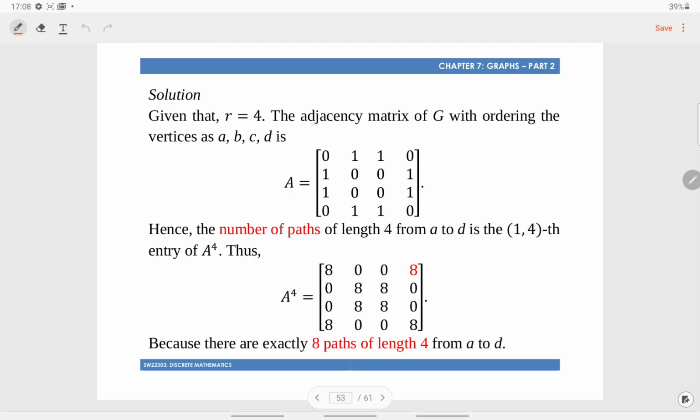The adjacency matrix of G with ordering of vertices A, B, C, D is given in the matrix A. We have A, B, C, D because that is the given order. As we can see in the graph, there is no loop at A, so the value is equal to 0.